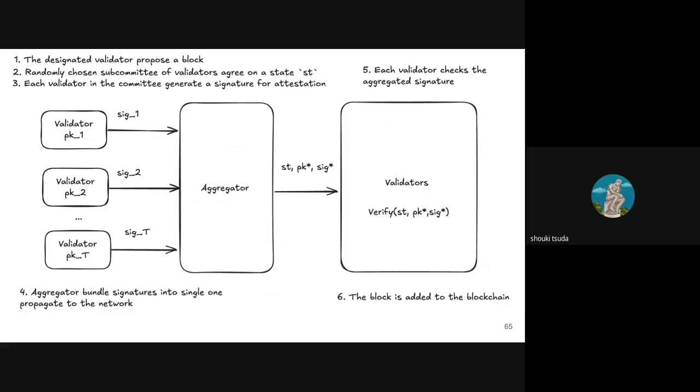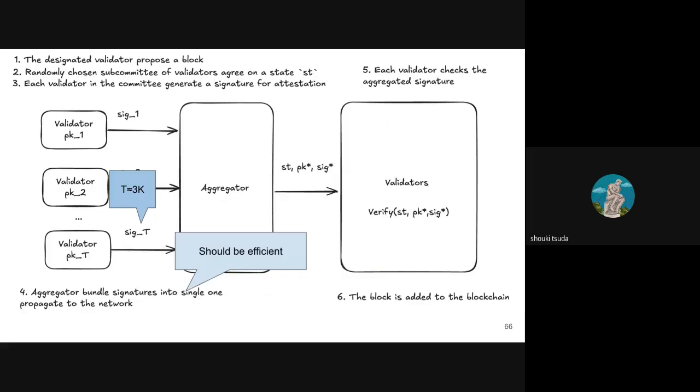Okay, this block state looks good, and the aggregator gets each signature, batches them into one signature along with the state and public key, and posts it to all validators. They verify just one signature, and if the verification is accepted, the block will be introduced as the next block.